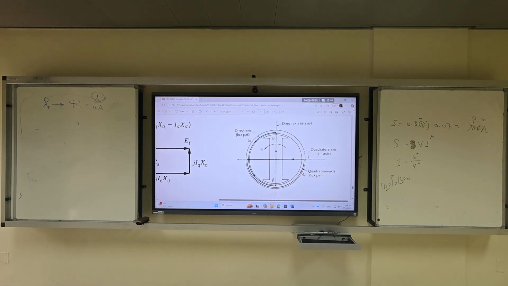So this is where the Q and D axes come from. They are used in industry. They are used in Simulink. So Q is quadrature.